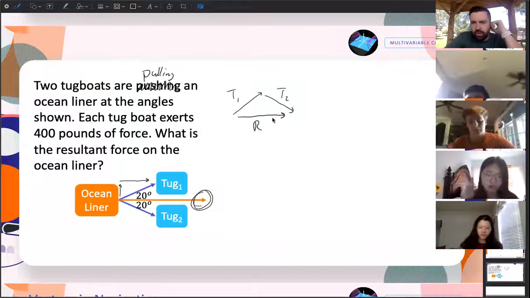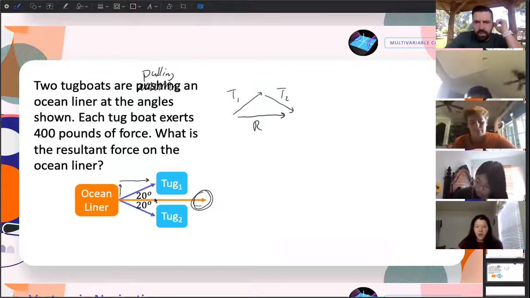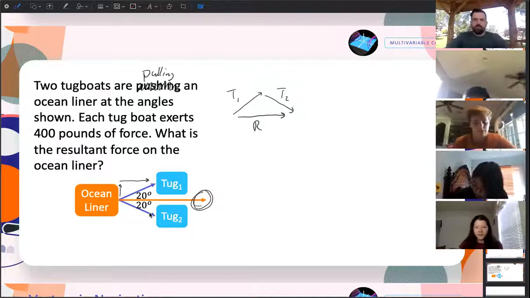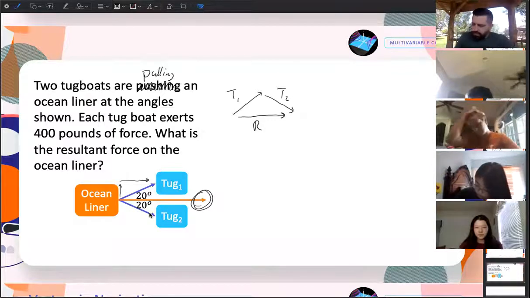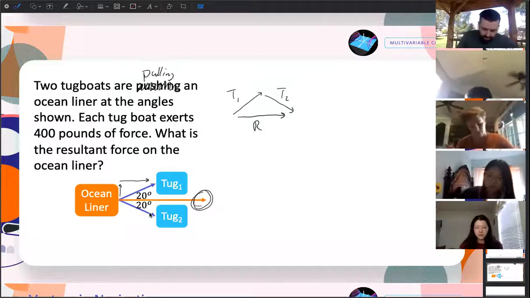Obviously the picture would no longer match the situation, but that's how you could solve it geometrically: you'd shift things around, keep the directions the same, but just move them on the page. We would typically do it analytically.